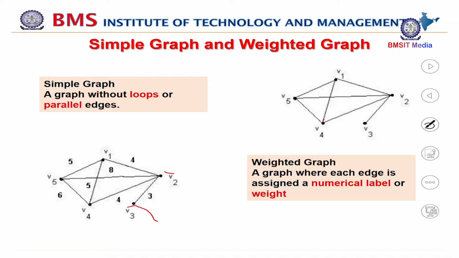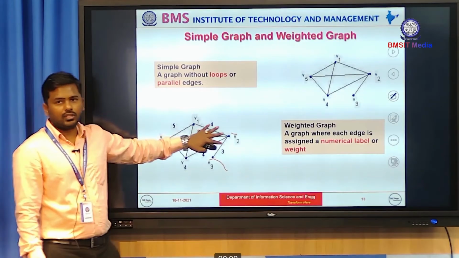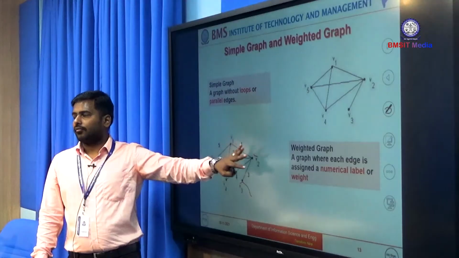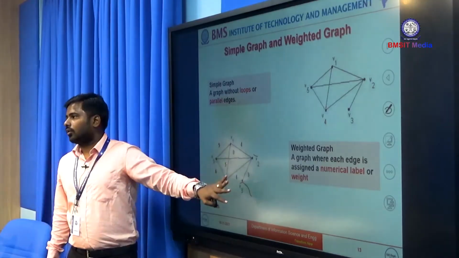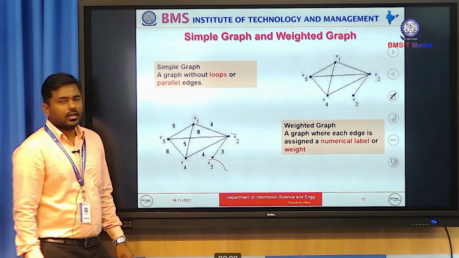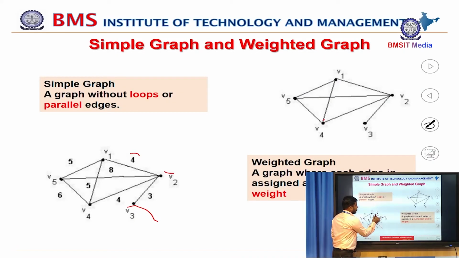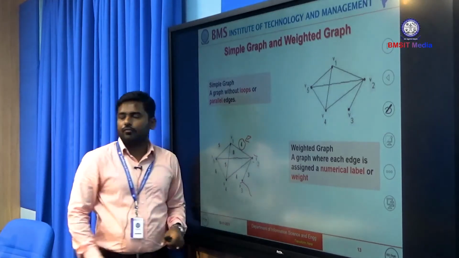Next is the weighted graph. If we assign a weight to each of the edges in a graph, then that graph is called a weighted graph. You can see that a weight is assigned to the edge connecting V1 and V2. The weight of this particular edge is 4.